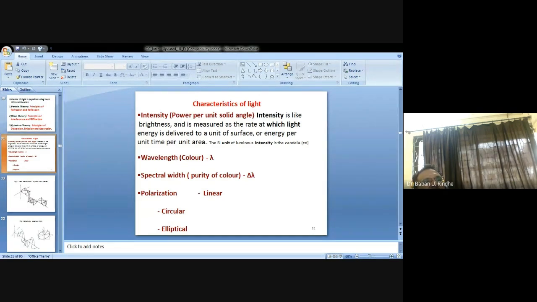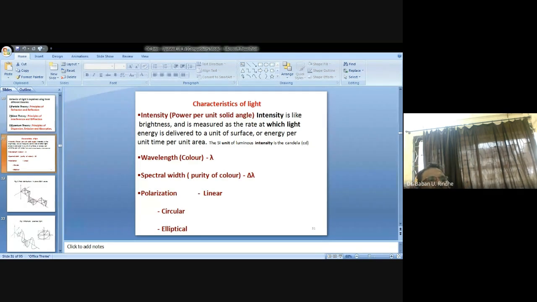The SI unit of light intensity is the luminous unit. When you talk about light, it has a wavelength lambda with colors, the color spectrum.